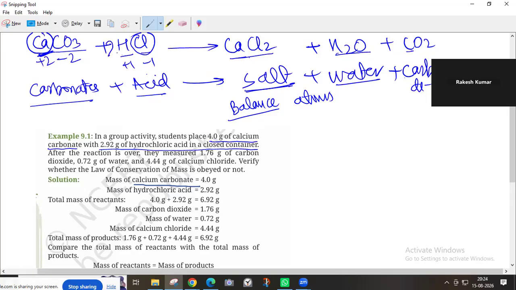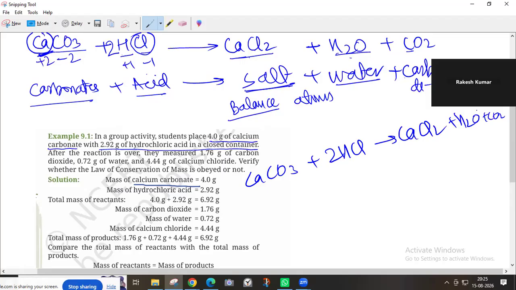Cl2, we have a problem, so we need 2 HCl. Then 2 Cl, 2 H, no problem. Everything is balanced. So we have the equation: CaCO3 reacts with 2HCl to give CaCl2 plus H2O plus CO2. Now, was there any need of this equation in the question? No, because they have given you the mass. But you should know.